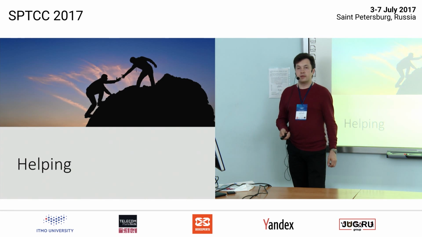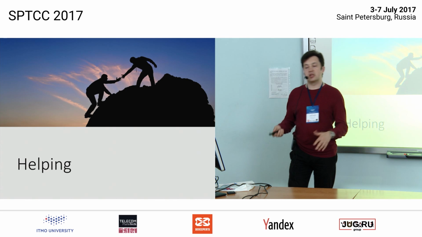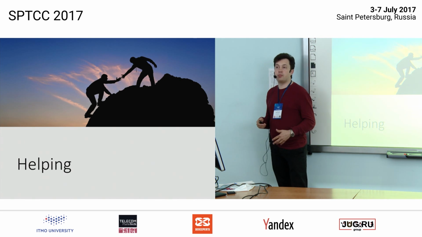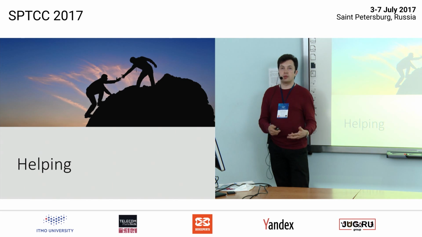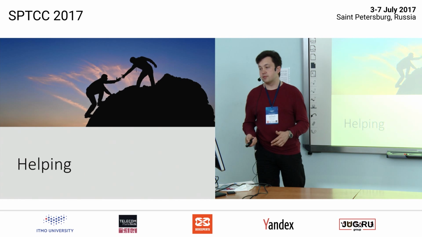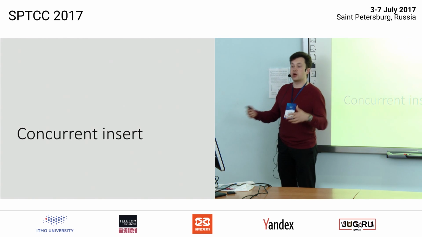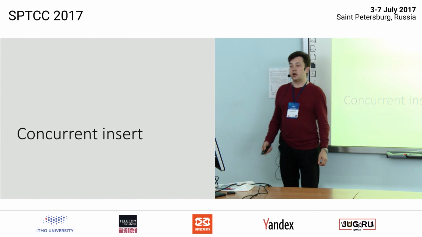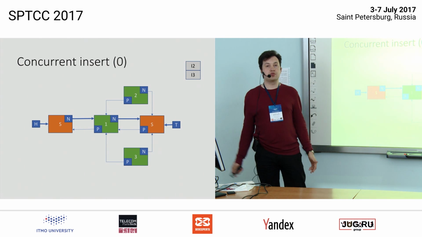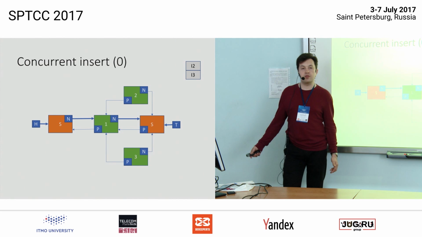So let's talk more about helping. How does this helping work? In order to understand how helping works, I will present a few actual examples of how threads help each other when we have concurrent operations. The first scenario is concurrent insert. We have two threads. One is trying to insert node 2 and the other node 3.